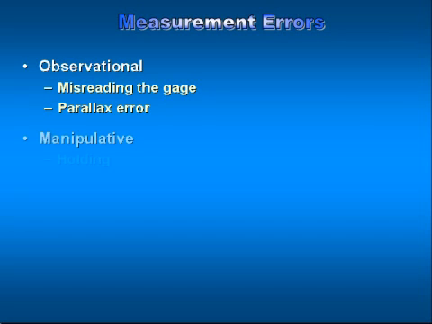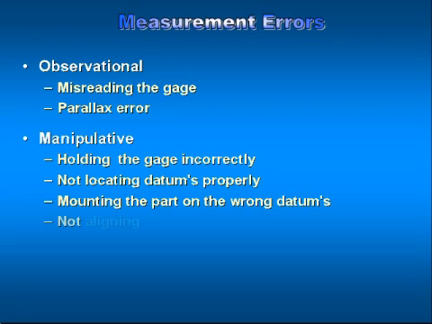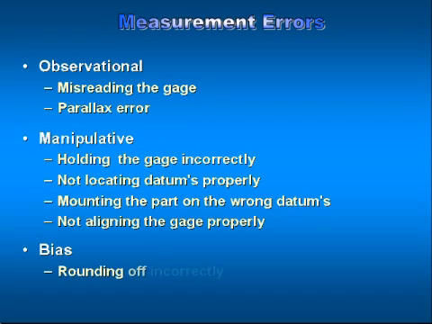Examples of manipulative errors are holding the gauge incorrectly, not locating datums properly, mounting a part on the wrong datum, and not aligning a gauge properly. The last of measurement errors is bias, which can be rounding off your measurement incorrectly or reading a gauge inaccurately.